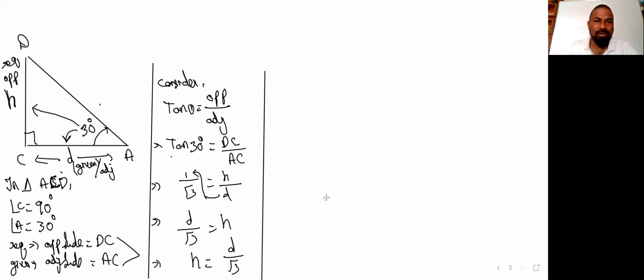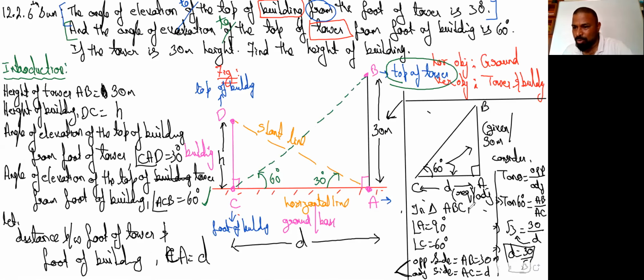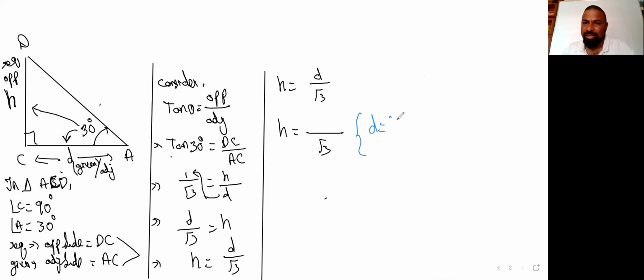Now let us start working. So H is equal to D by root 3. What is the value of D? D is equal to 30 by root 3. Now let us substitute the value, 30 by root 3 whole divided by root 3.